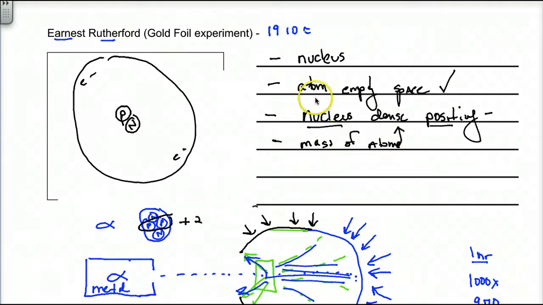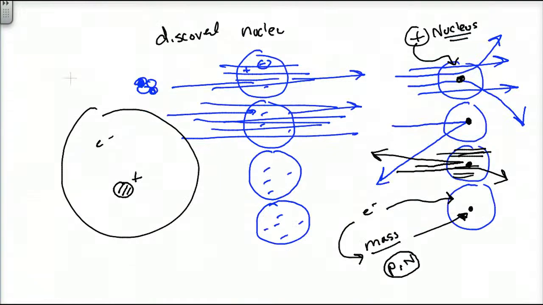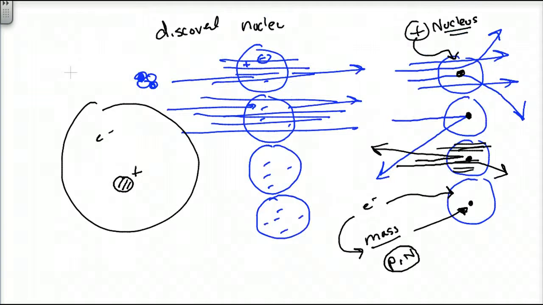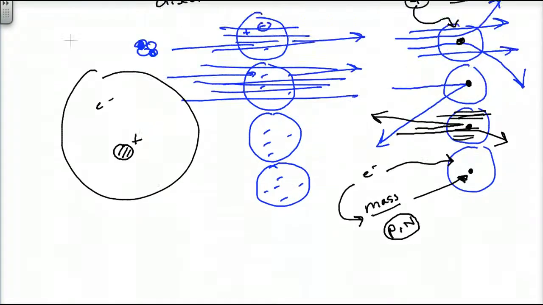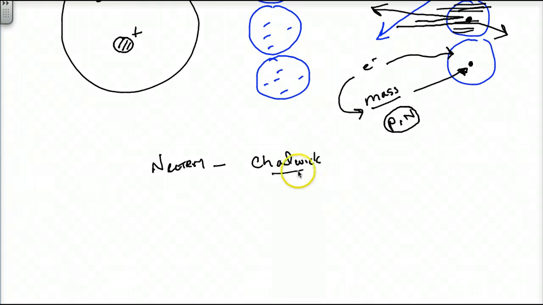So, important parts: the atom is empty space. The nucleus is a dense piece of matter. All the mass is located there, and it's positive. Now, from his experiments, Rutherford had some people that worked under him who discovered the neutron. That's Henry Chadwick, and he did it with some nuclear equations that I'm not going to show you today.